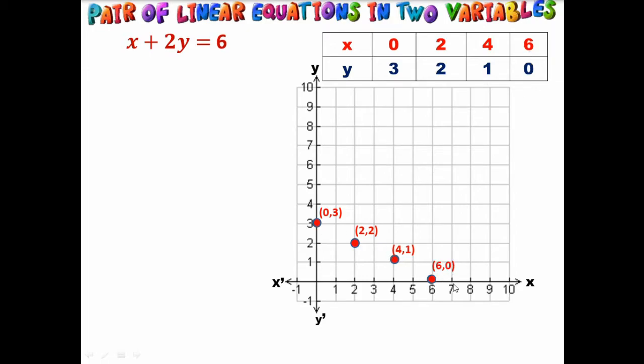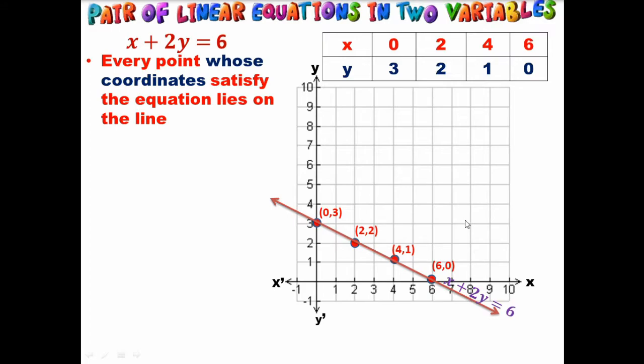Right? So these are the 4 points we have obtained that satisfies the given equation. So now let's join all these points. We know that we get a straight line and that representing the equation x plus 2y equals 6. What are the observations we get from this straight line?